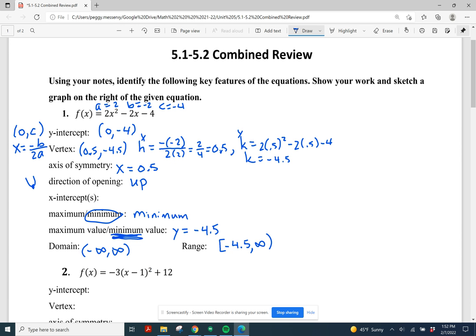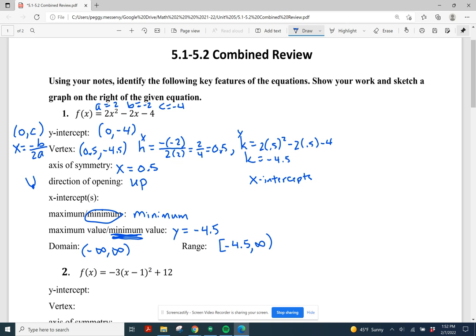All right. And then for our x-intercepts, we're going to have to do a little bit of work. So let's go over here where we have a little bit of space and find our x-intercepts. Notice it did say show your work.